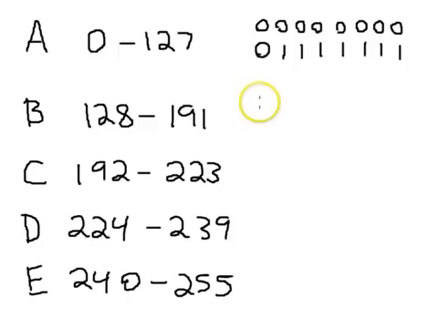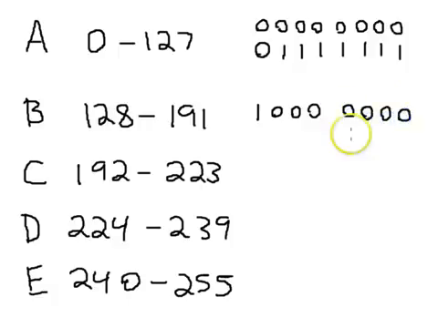Class B addresses, the first octet begins with a 1, and the first one, 128, is 1, 0, 0, 0, followed by a few more zeros.